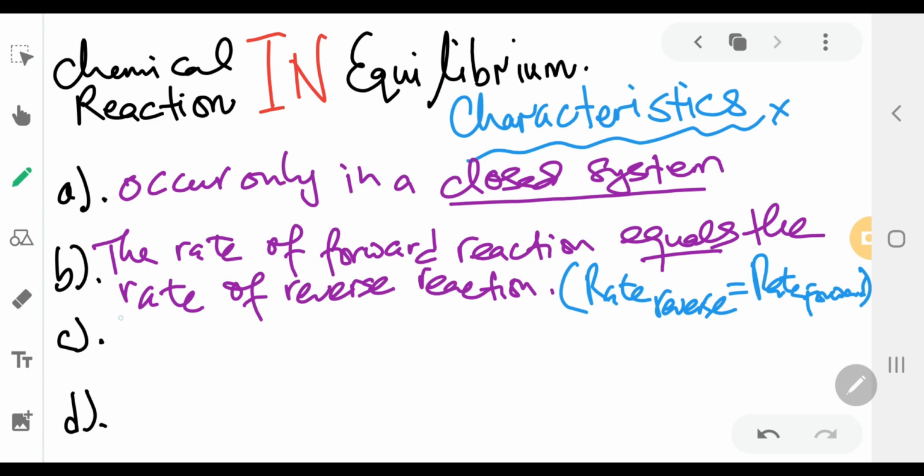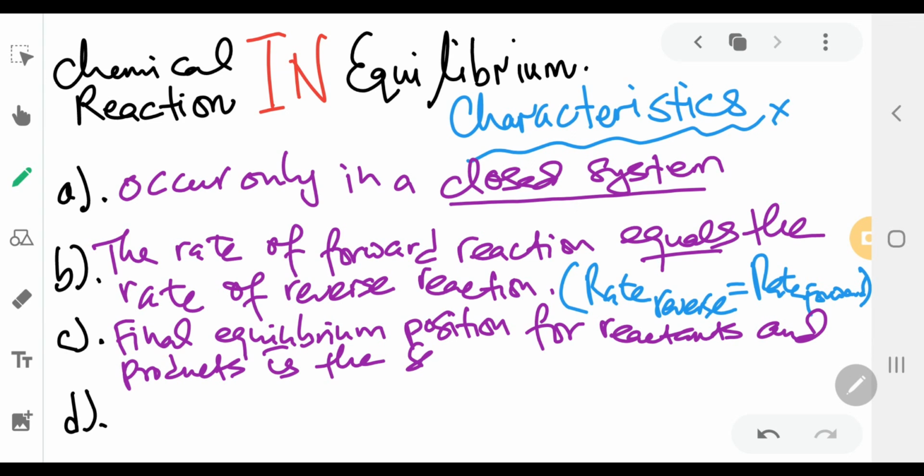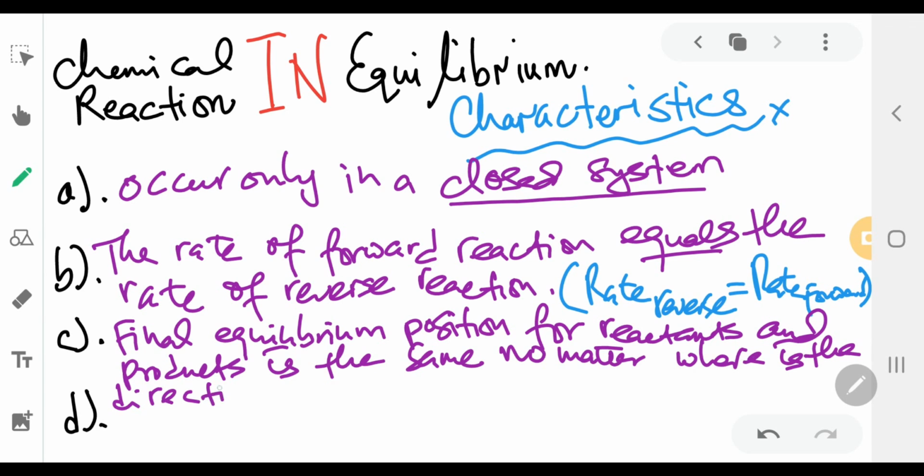Try to remember that the final equilibrium position for reactants and products is the same, no matter where is the direction of equilibrium. Okay?